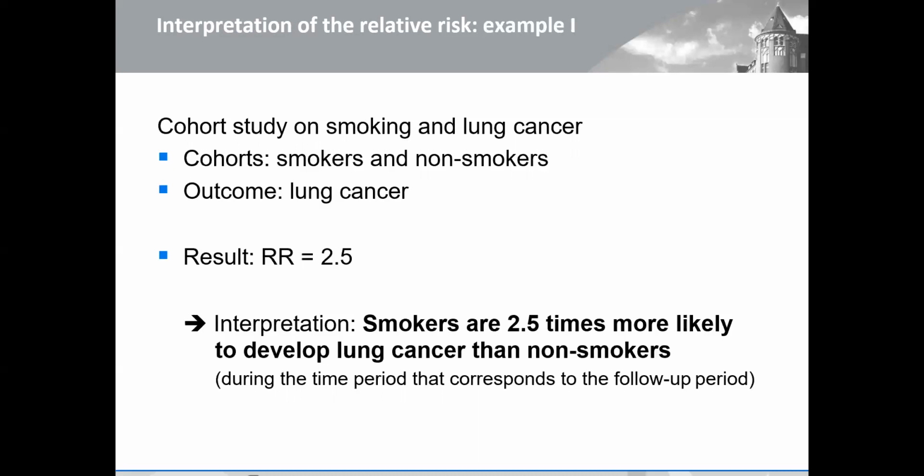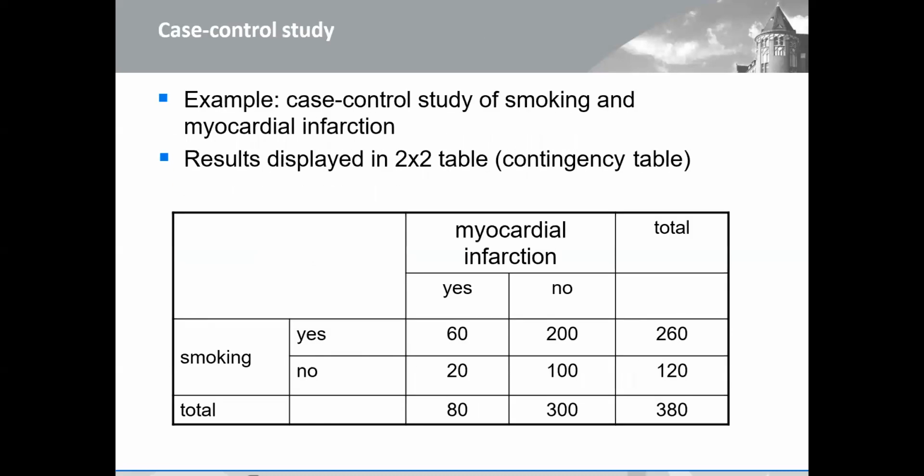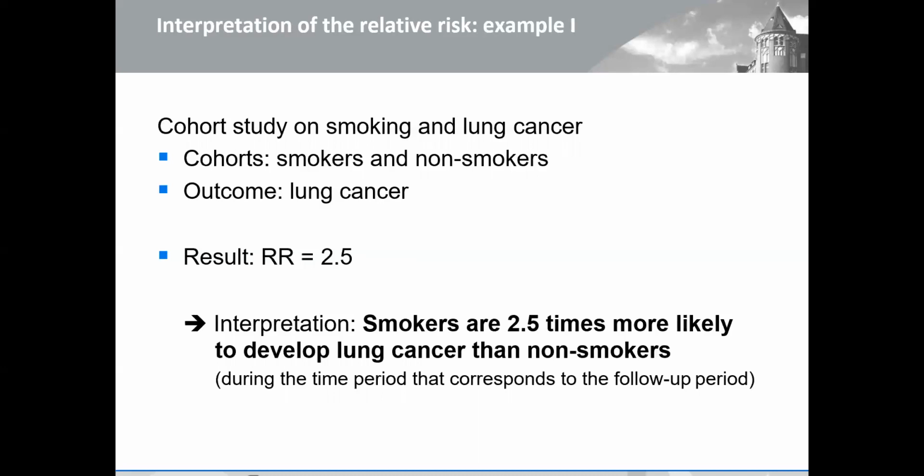So remember, as I highlighted in the previous slide, this measure is dimensionless, so it doesn't have units, but we are just comparing two groups. Then this is enough for cohort studies.